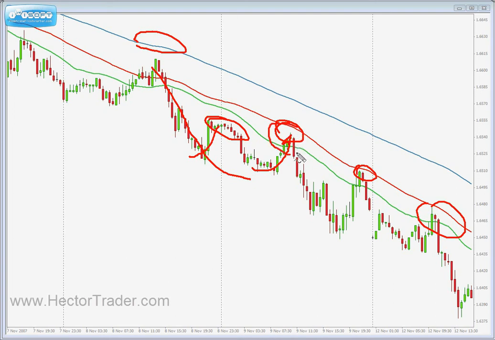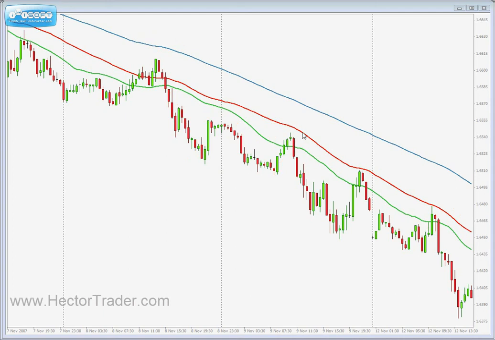We reach the dynamic area of resistance. The area of decision is in between this area, where we have to ask ourselves: will price breach through, or will price turn around? If it breaches through, then I don't search for entries anymore, just like it did here.